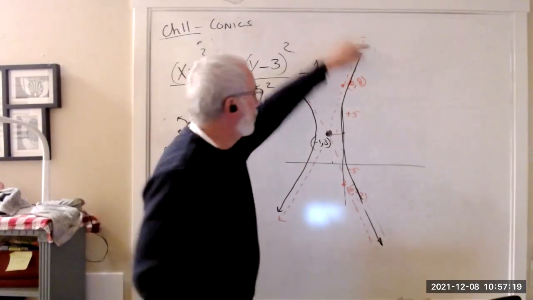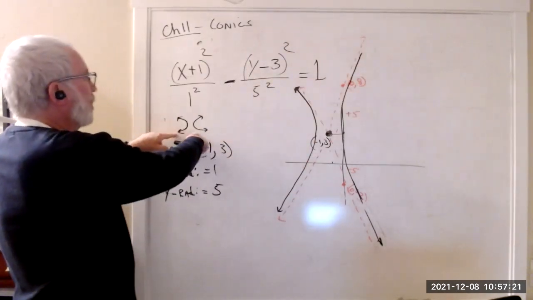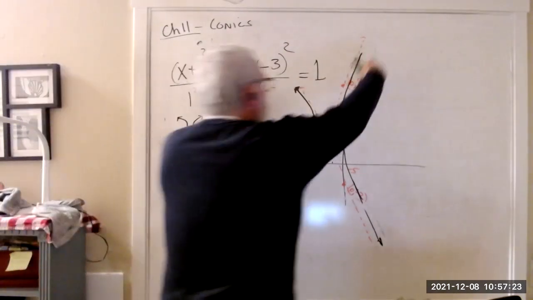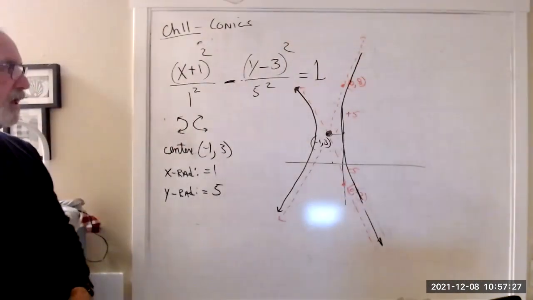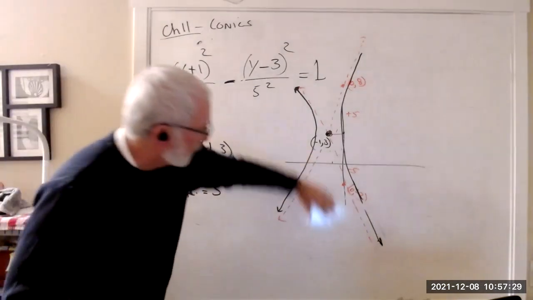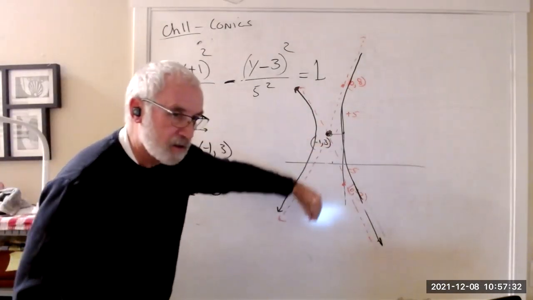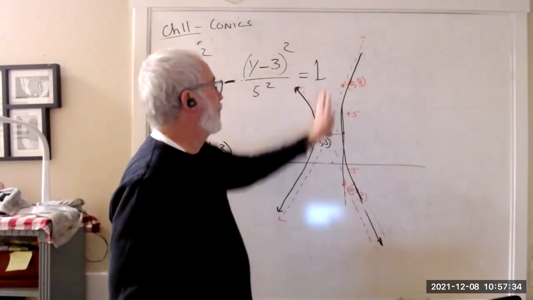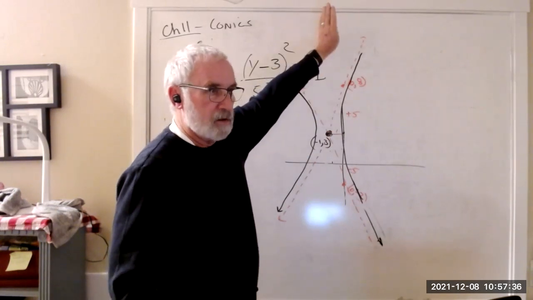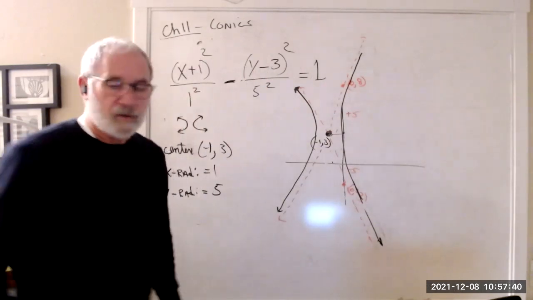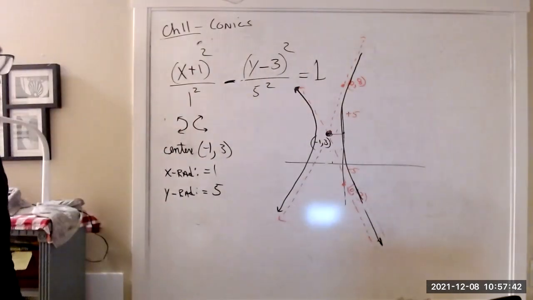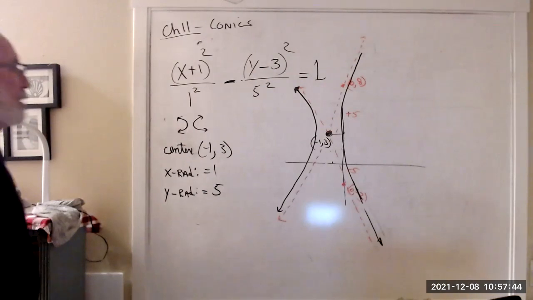Then I drew a sideways hyperbola within those asymptotes. Remember, you can't cross the asymptote. So there's nothing in this area, there's nothing in this area, but there's something to the left, something to the right. That's a very, very, very basic hyperbola.